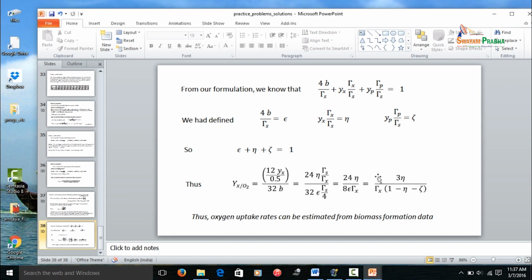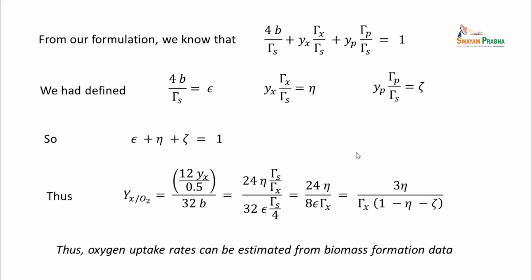I guess I forgot to include that when making this particular slide. The calculations are okay, but just the representation here, there was an error. That's all. Okay, let's get back to wherever we were. 3 eta by gamma X times 1 minus eta minus xi.